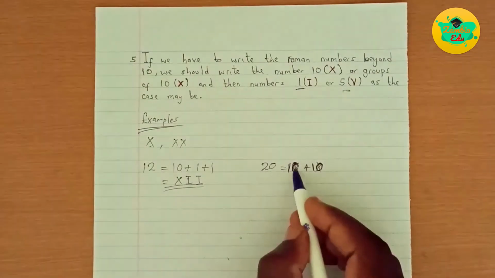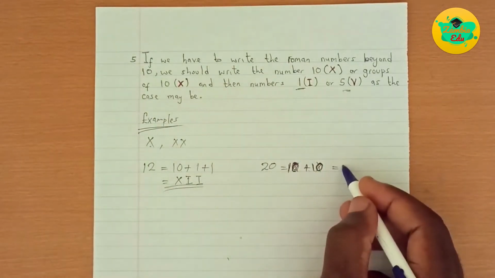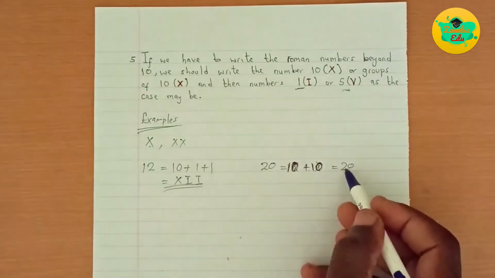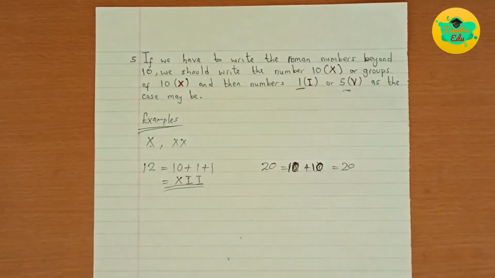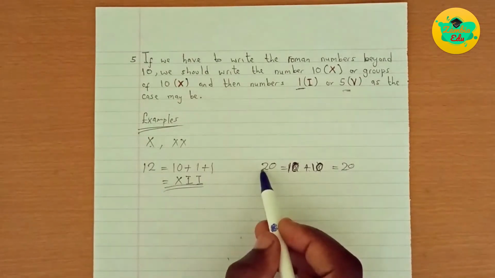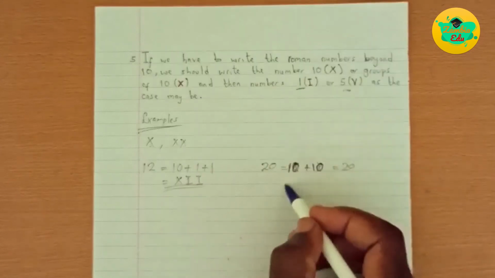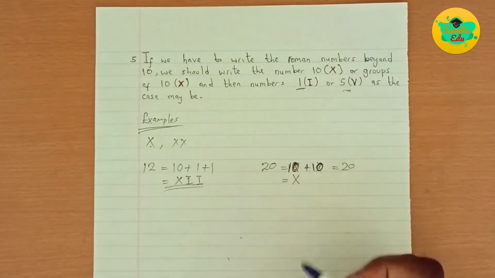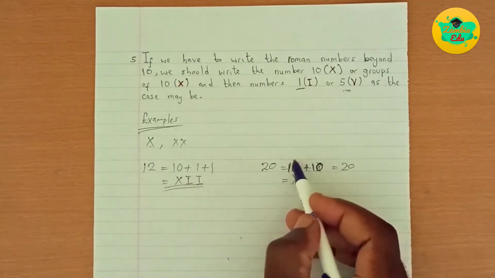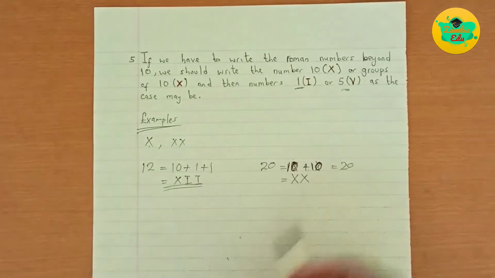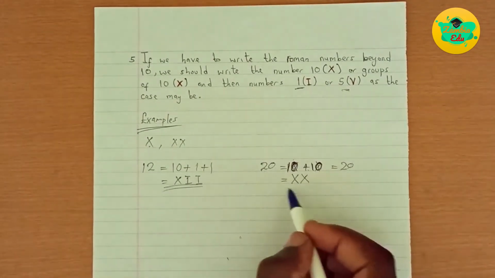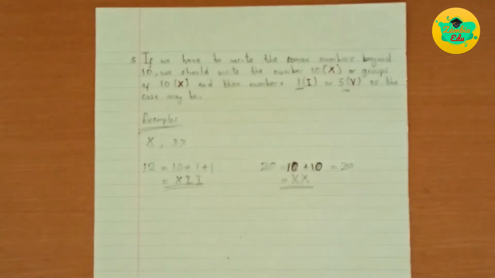Therefore, to write this 20 as a Roman numeral, we need X for this 10 and another X for that 10, and we're going to have it in that particular way.